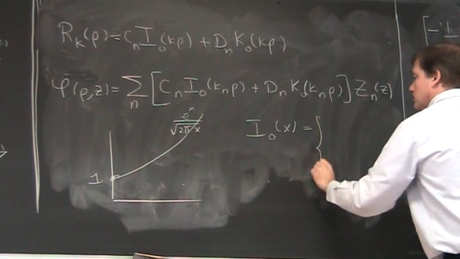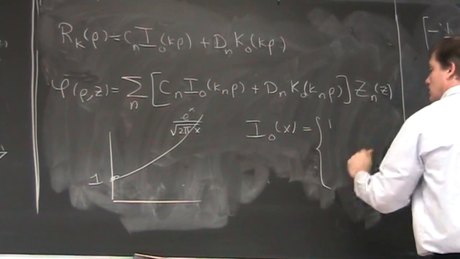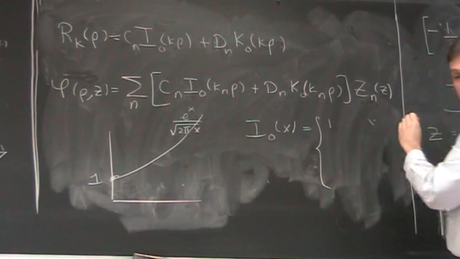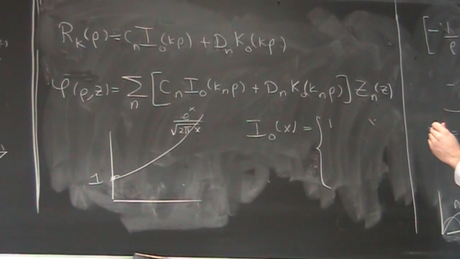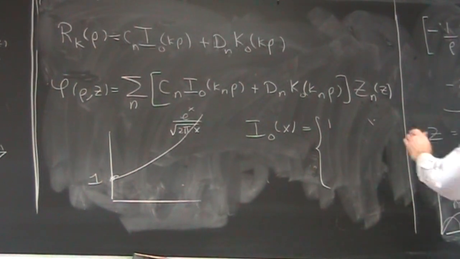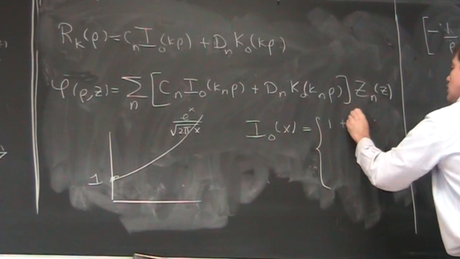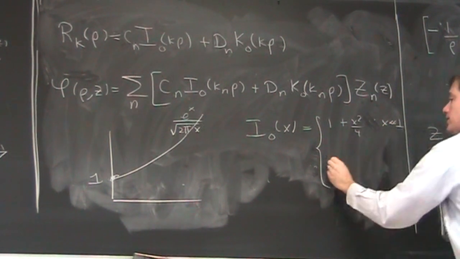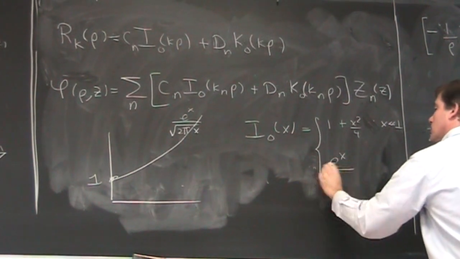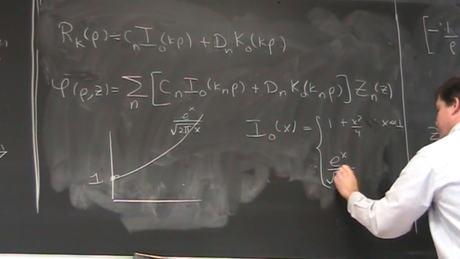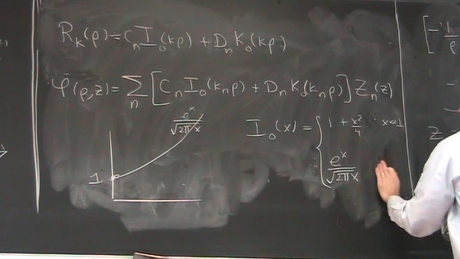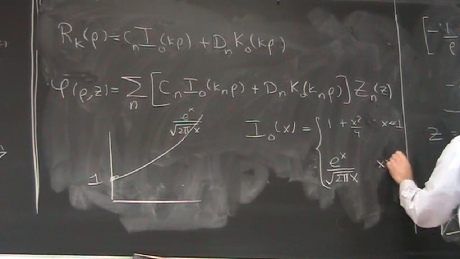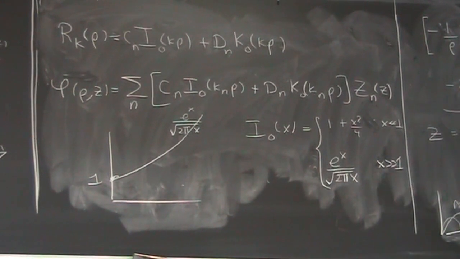In between, you get something like 1 plus x squared over 4, and for x much greater than that you get e to the x. So that's what I0 looks like.